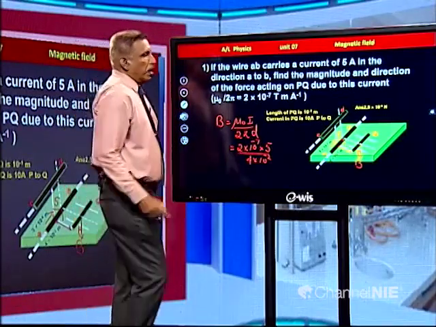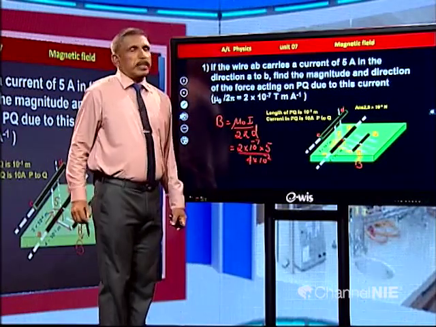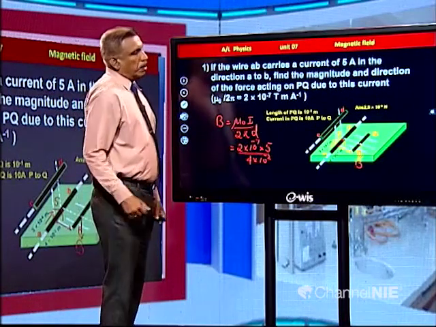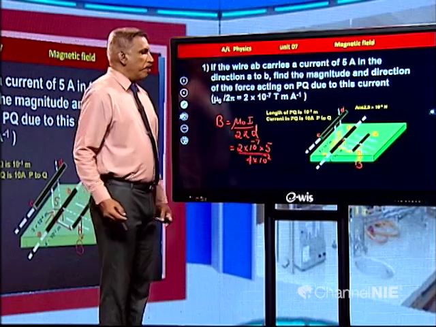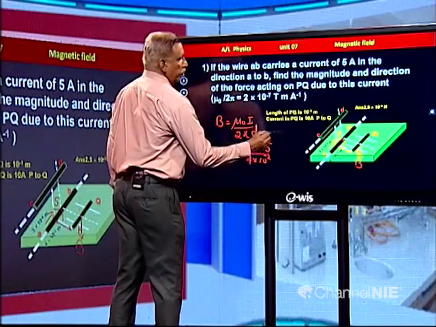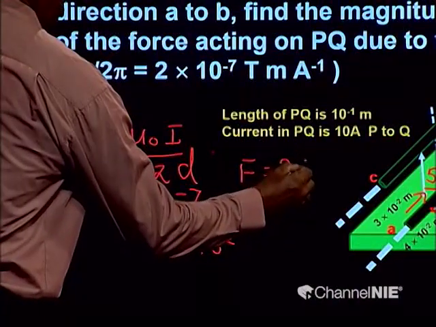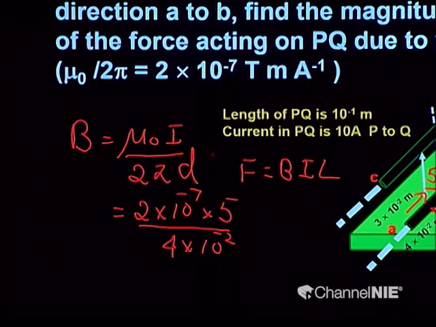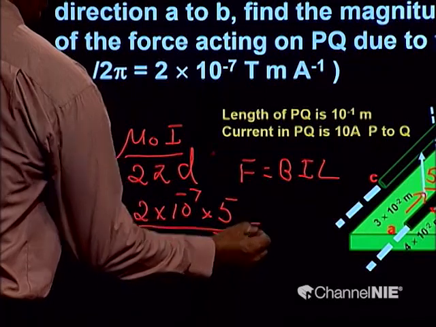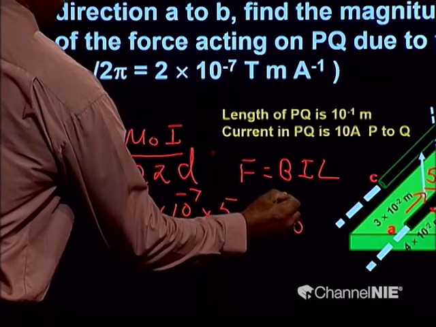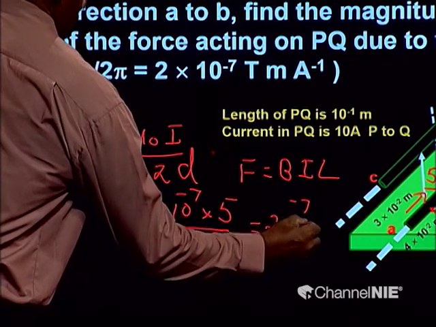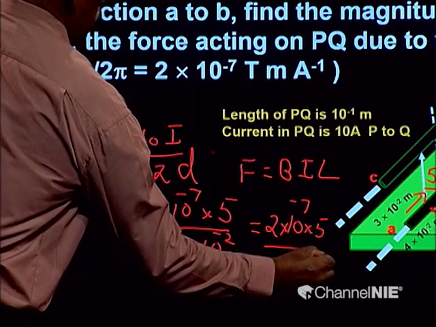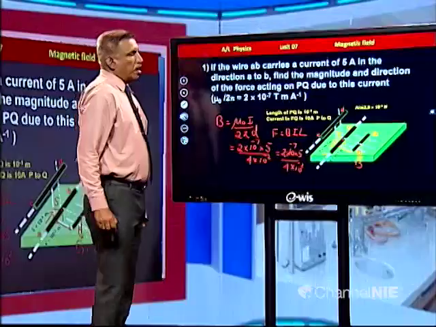So, this conductor PQ lies in the magnetic field, therefore a force is exerted on PQ. Because the magnetic field is always perpendicular to PQ, we can easily write that force is equal to B I L. Force is equal to B I L. So, substitute B, which is 2 into 10 to the power minus 7 into 5 over 4 into 10 to the power minus 2. This is B.